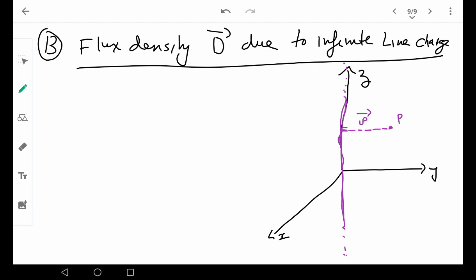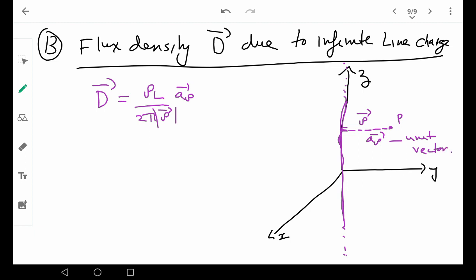Now, I'm not going into the derivation of that particular thing. I will just give you the equation: D equals rho L by 2 pi rho, where rho is the magnitude, times a rho. a rho is a unit vector in the same direction.